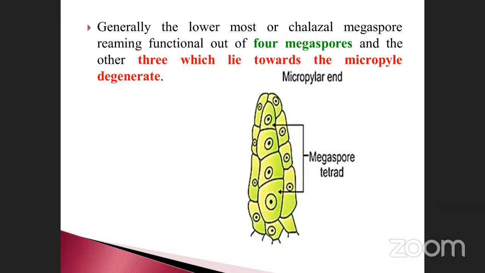When you study the ovule structure, at the uppermost there is a pore, a gap. That gap is called the micropyle, isn't it? Opposite of the micropyle, there is the chalaza.